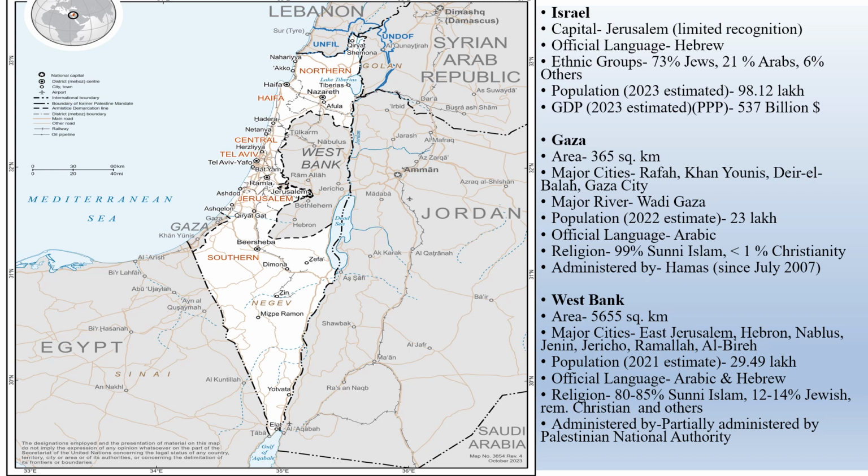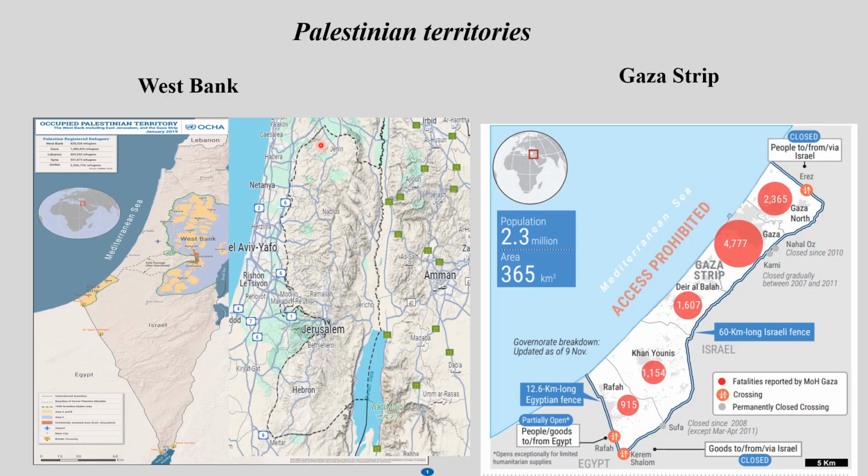The official language of Israel is Hebrew and the ethnic groups staying there include 73% Jewish, 21% Arabs and 6% others. The population of Israel as per the 2023 estimates is 98.12 lakh and the GDP of Israel is 537 billion US dollars. So now we shall study about the Palestinian territories in detail.